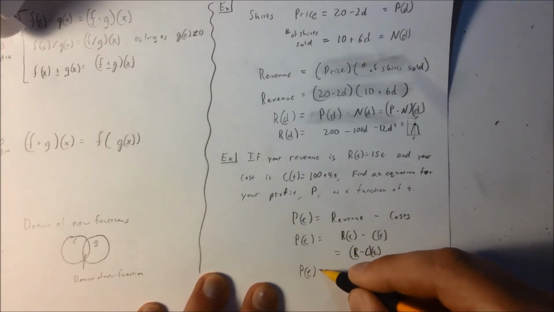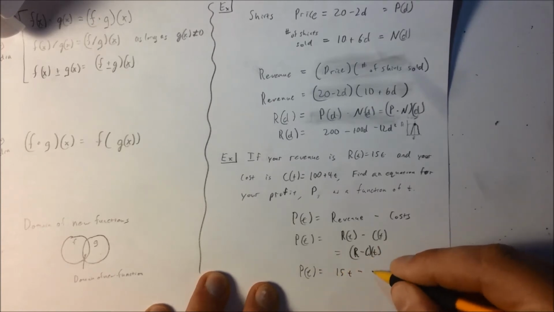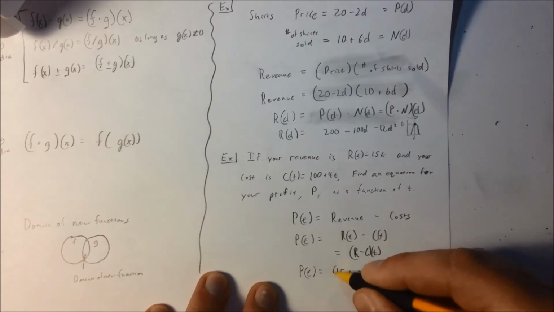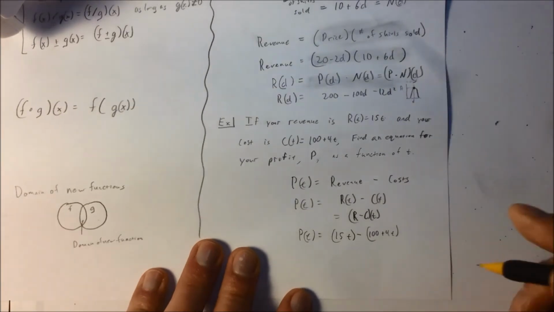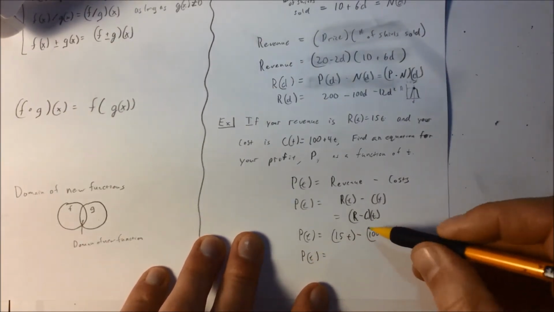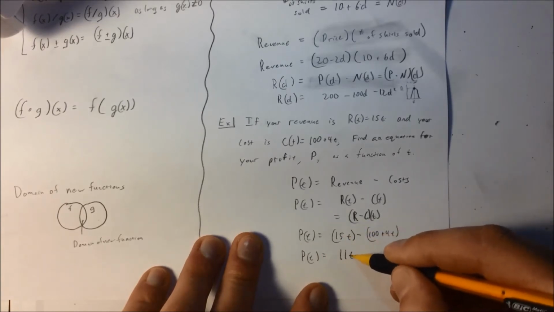So our profit is going to be 15T minus (100 plus 4T). Please note that I'm putting these in parentheses because it's substitution. And so once I actually work this all out here, the profit, I'm going to get 15T minus 4T. I'm going to be earning $11 per shirt.